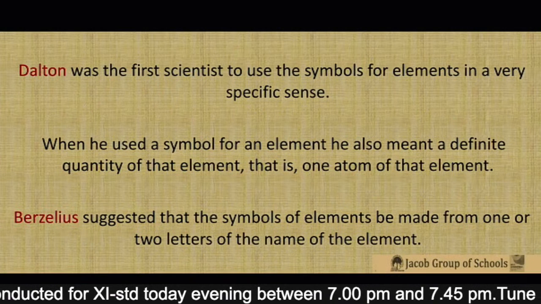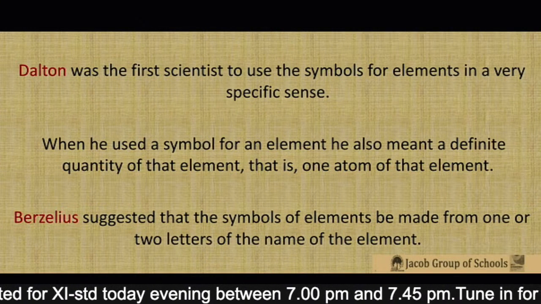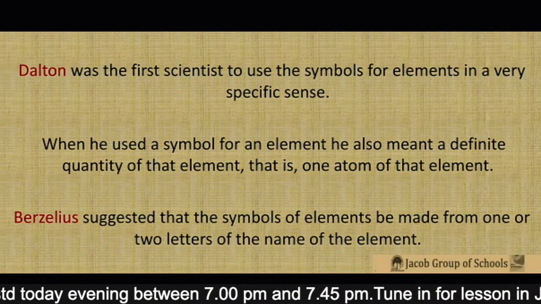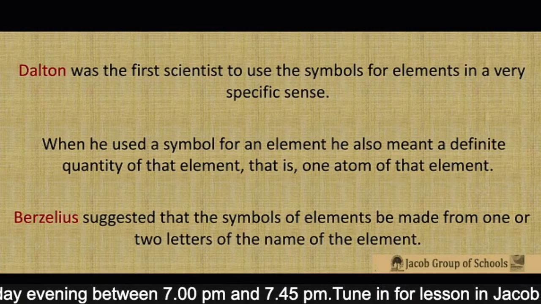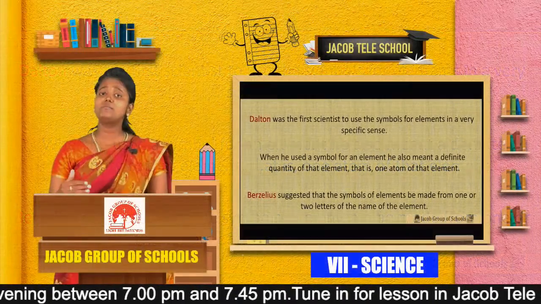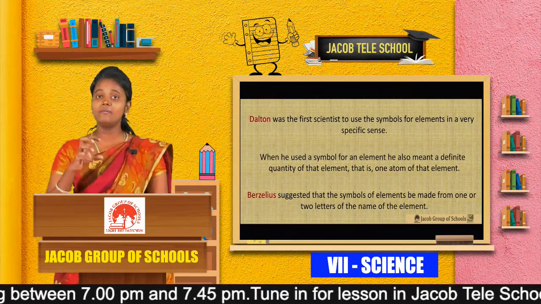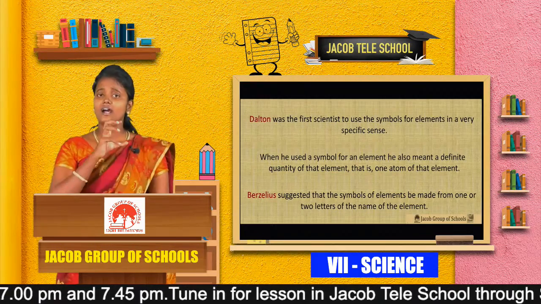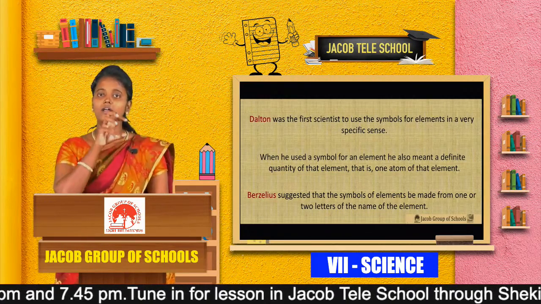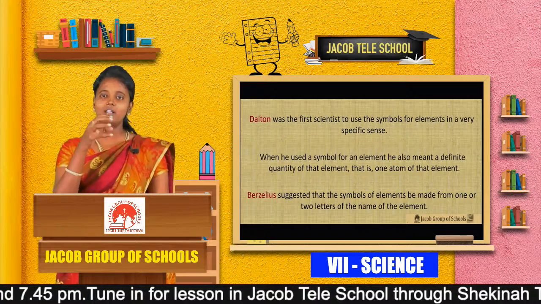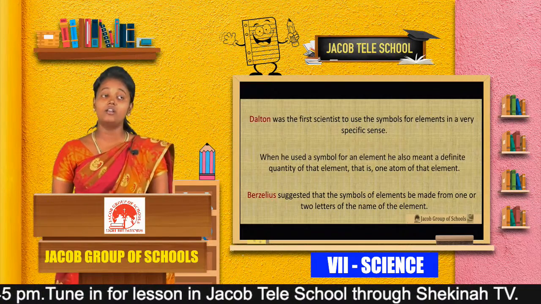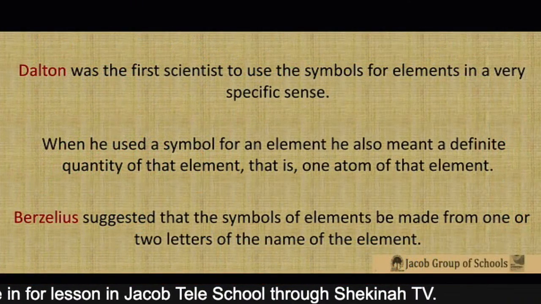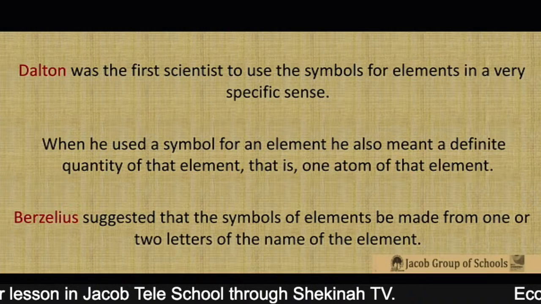Yes, next, Dalton was the first scientist to use symbols for elements in a very specific sense. We have already studied this, haven't we? The scientist Dalton, first of all, started using symbols for elements, instead of writing silicon or boron in full, so that they could be referred to easily. When he used a symbol for an element, he also meant a definite quantity of that element, that is, one atom of that element.